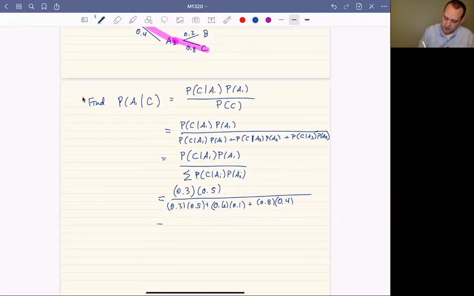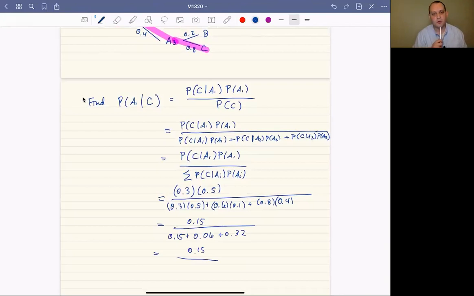And if we multiply all these out, we get 0.15 divided by 0.15 plus 0.06 plus 0.32. So altogether, that's 0.15 over, let's see, 15 plus 6 is 21, plus 32 is 53.